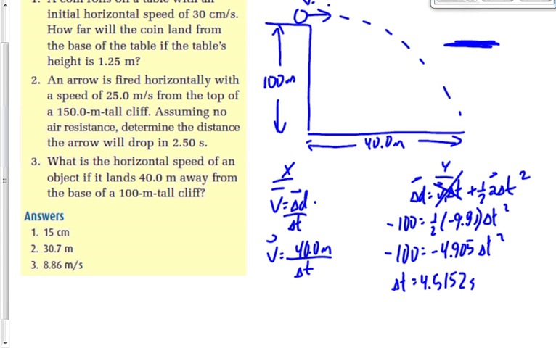Notice I'm using the unrounded number because it's not my final answer. Let's take that over here and say 40 divided by 4.5152. We get 8.86 meters per second.